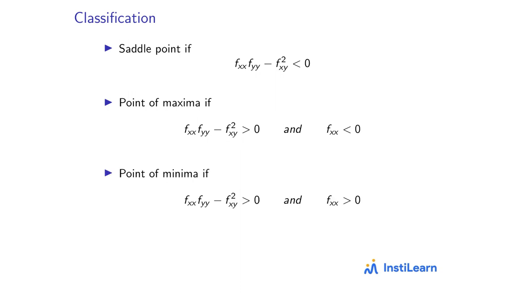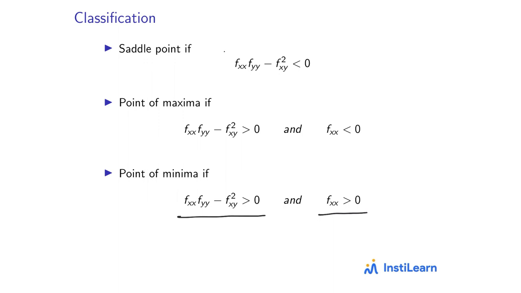And a critical point would be the point of minima if the value of fxx fyy minus fxy square is positive and the value of fxx is also positive for that point.